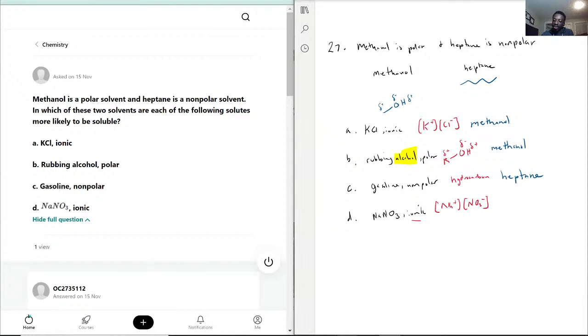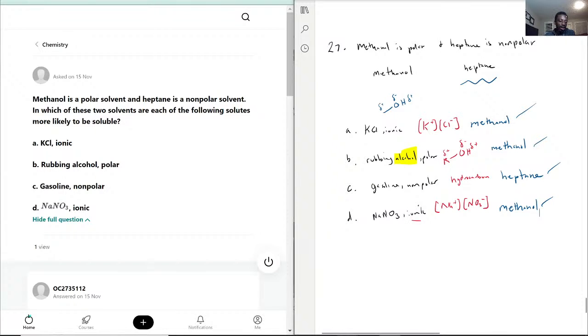The polar negative oxygen is going to go over to the sodium, and the positive is going to go over to the nitrate. So with that being said, only methanol, because heptane once again says I'm good. So it's going to be methanol, methanol, heptane, methanol for each of these.